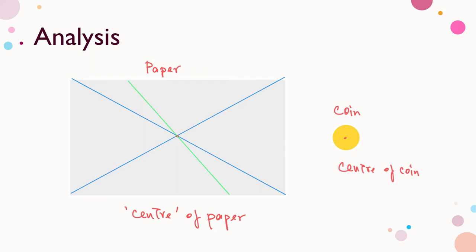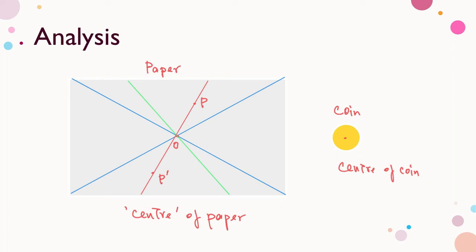The answer is positive. Let me denote the center of the paper by O, and P is a point inside the rectangle other than O. Then OP determines a straight line. Consider the reflection image of P with respect to O and denote it by P prime.